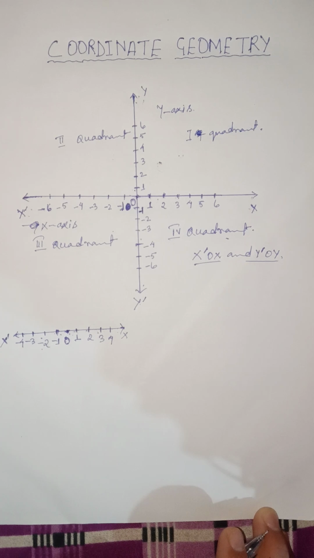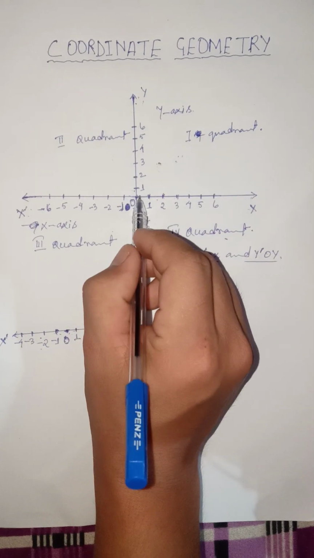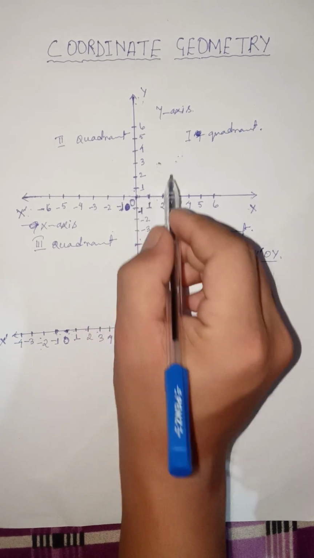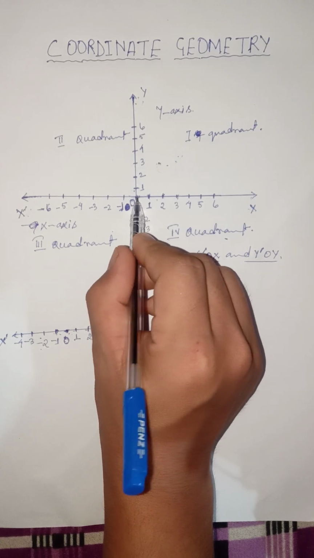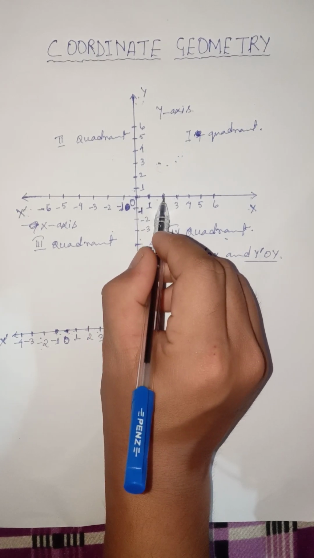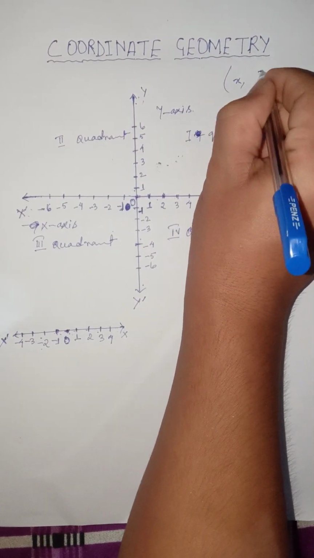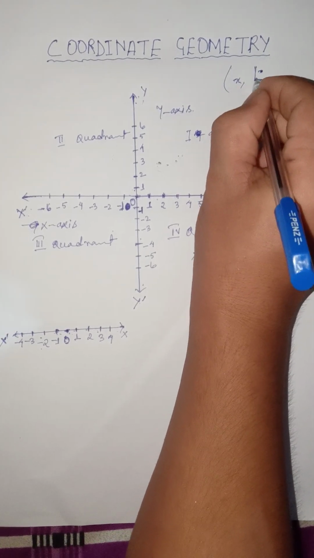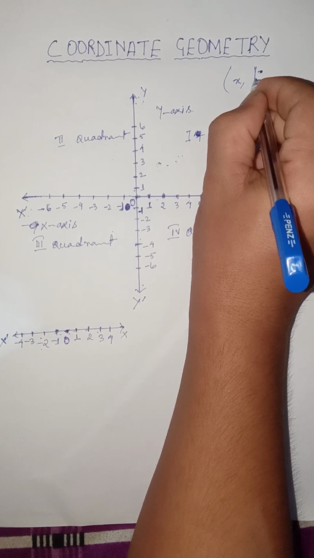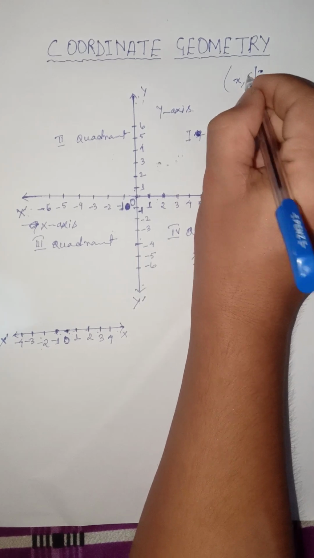then we'll move to the next point, which we call the sign. Here, which sign will it be? If some point needs to be specified in this space using coordinate geometry, we start by taking the x-axis, and after that we take the y-axis.